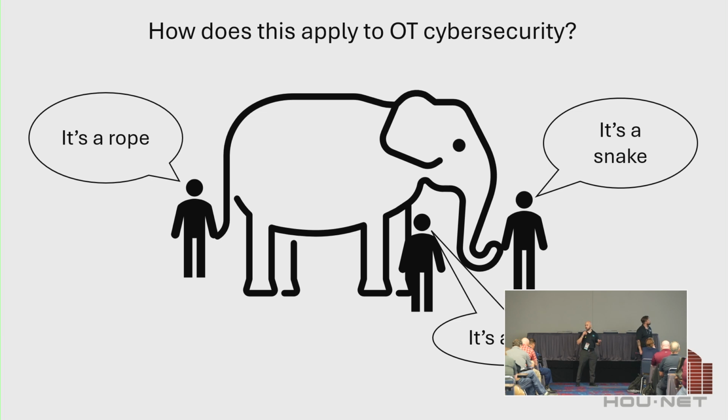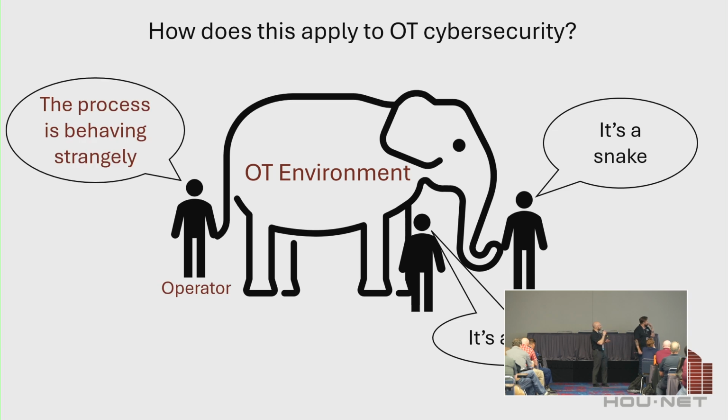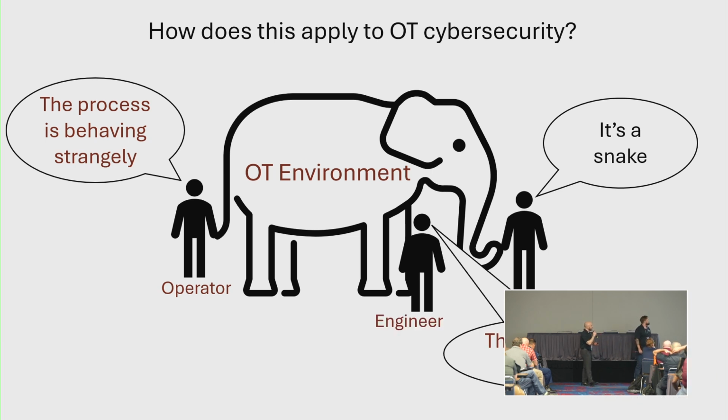So how does this apply to OT cybersecurity? Say the elephant is our OT environment, and for example, we have an operator who's very familiar with the controlled process, and he notices that the process is behaving in a strange or anomalous way. We might also have an engineer who, through their interface with the engineering workstation, notices that the workstation is operating slowly, maybe isn't as responsive as it usually is.